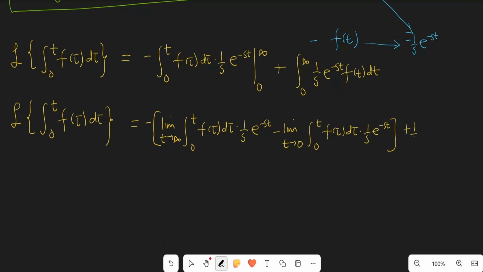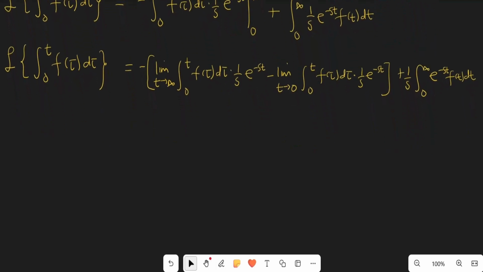That is going to be 1 over s outside because it has nothing to do with t. The integral from 0 to infinity of e to the negative st multiplied by the function f of t and then dt. Cool stuff.